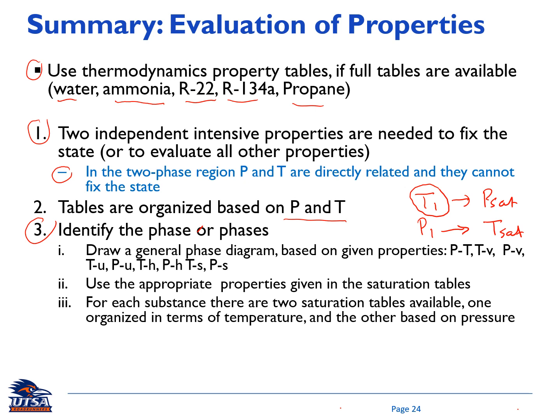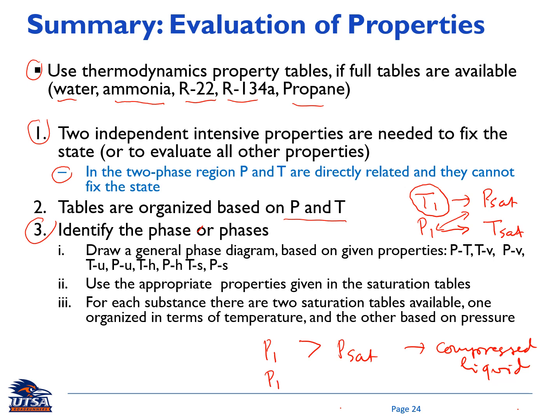Now you compare between this P sat and P1. So if P1 is greater than P sat, then this is compressed liquid. Okay, compressed liquid. Then you go to table A5.